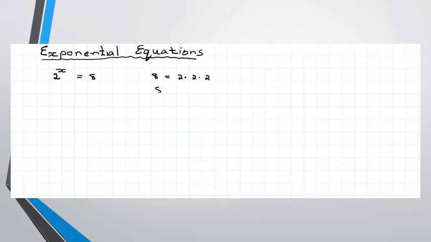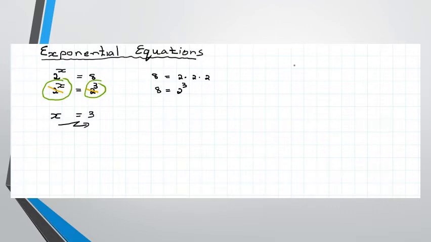It means that for the 8 I've used the 2 three times, so it's 2 to the 3. So I'm going to substitute it by saying 2 to the x equals 2 to the 3. Then again I know that I'm having one term on the left hand side, one term on the right hand side, and because my terms' base values are the same, I'm going to cancel the bases, so my answer is going to become x equals 3.